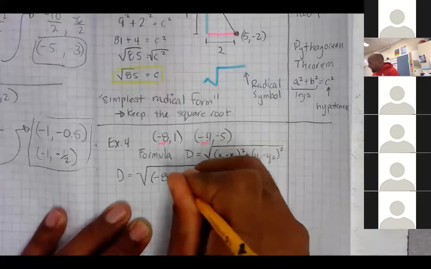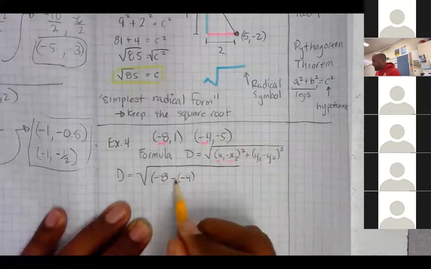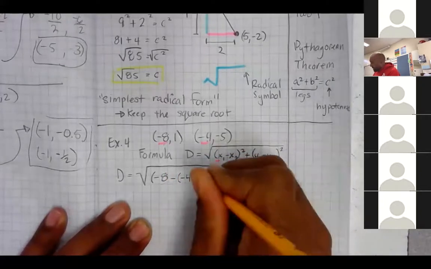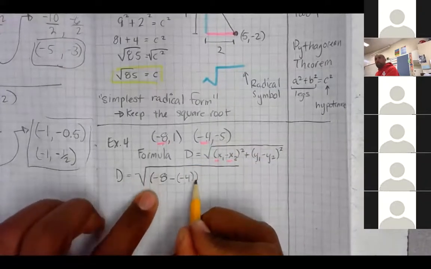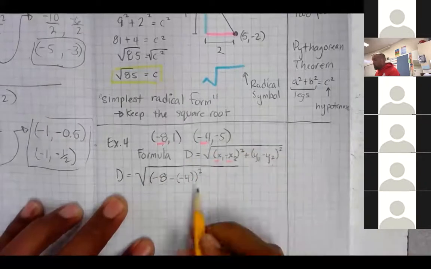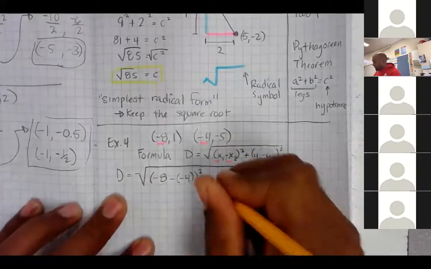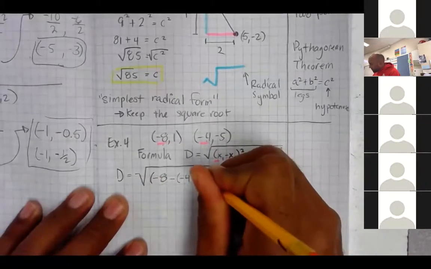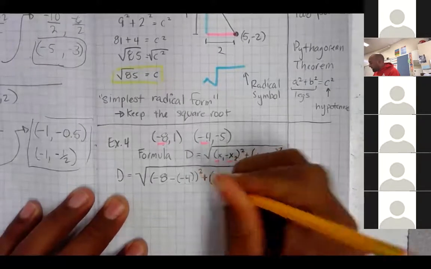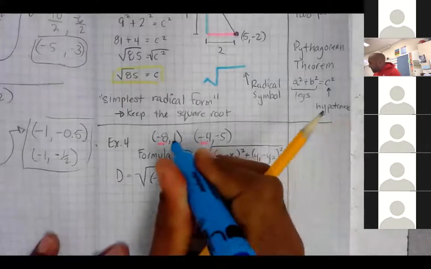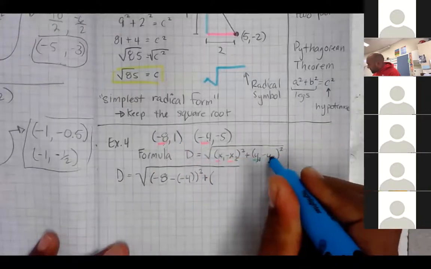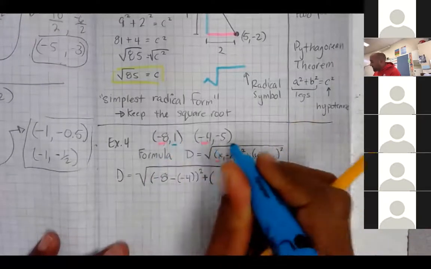So I need parentheses because I'm doing minus this time. And I need another parentheses to close all of this together. And then I'll have that, then I have to square it. Then in the middle of the 2 parentheses, I'm going to have a plus. So I'm going to add all this together. And then I'm going to be subtracting the first y minus the second y.